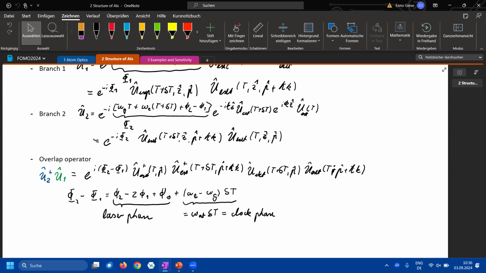And of course, if you were to build just a Ramsey clock, this clock phase would be the thing that you're measuring. Of course, when we are building an atom interferometer, we are not interested in generating a frequency difference, so that's a reference, so that's not what we're building. But in principle, we are also susceptible to those clock phases. And we will see this when I talk about my first example, which I'm doing right now.